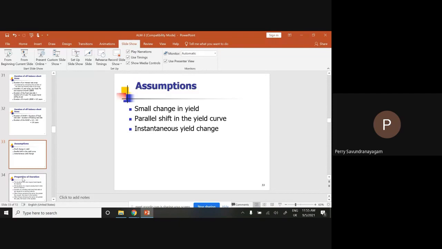Obviously, there are instances where convexity comes in as well. And the yield change is instantaneous. If you say there's a 0.5% change in rates, it happens at once. It doesn't take time to happen. That's how the whole assumption around DV01 and the yield impact on duration is taken into account.